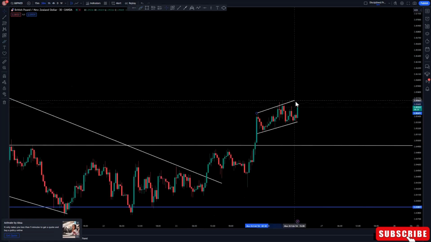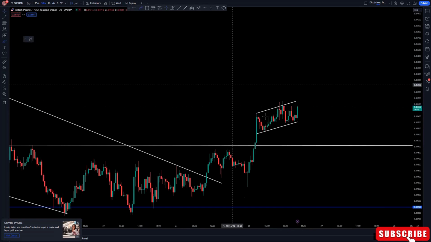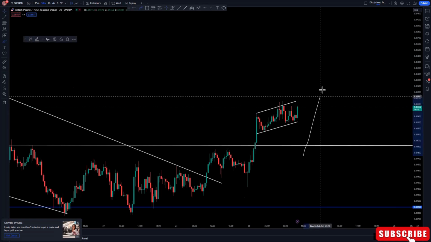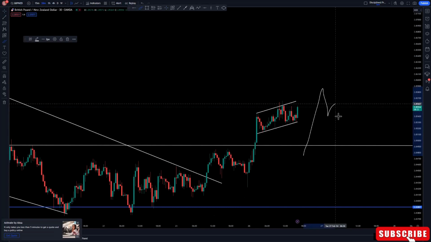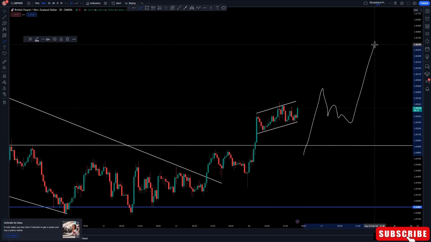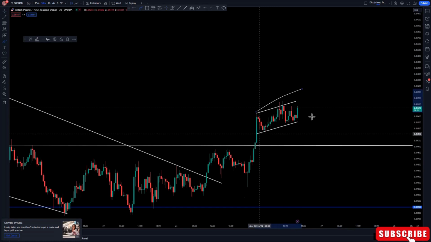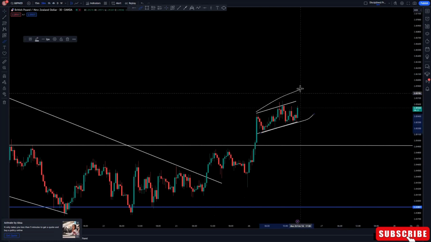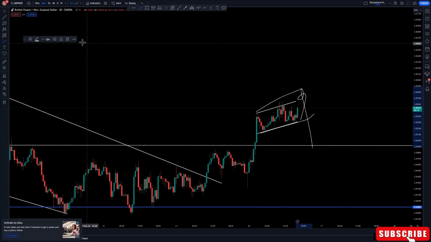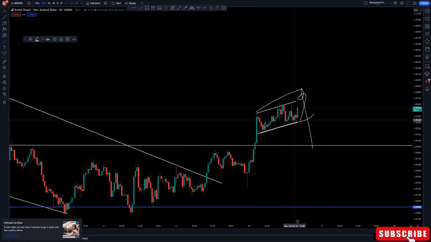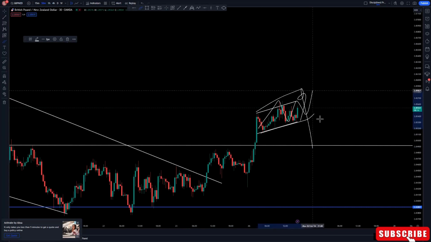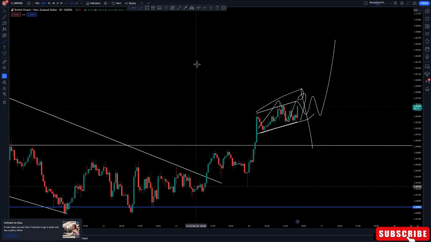It would make sense if it was something like an impulse move, then you get a mini pullback, and then it would make a lot of sense. But now we are moving in this manner, where anything can happen here. It can get us a third touch, then go back down, or it can still move in this sense and actually go to the upside.